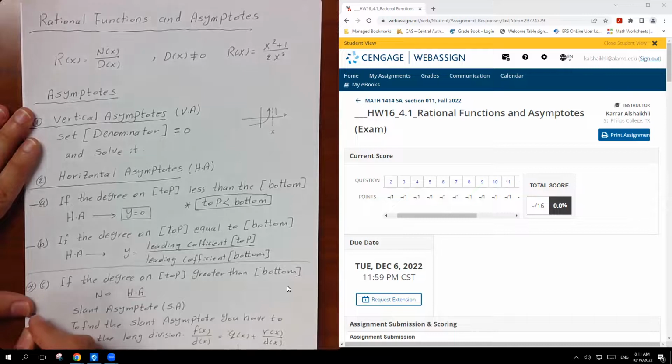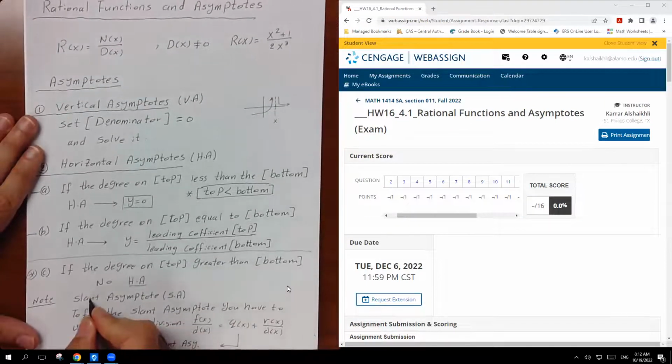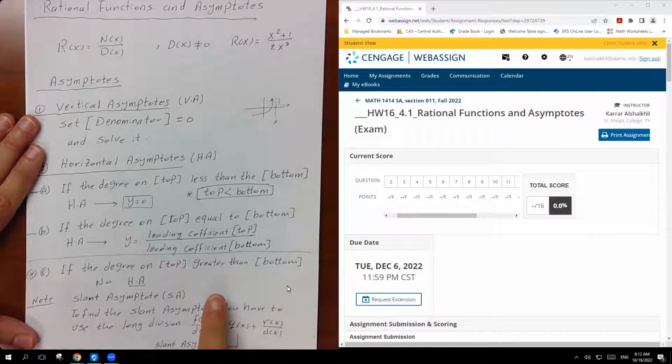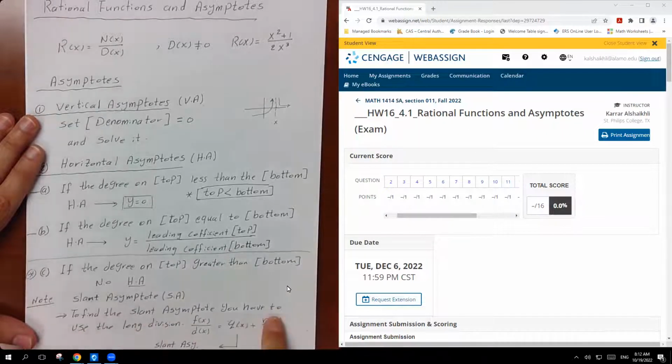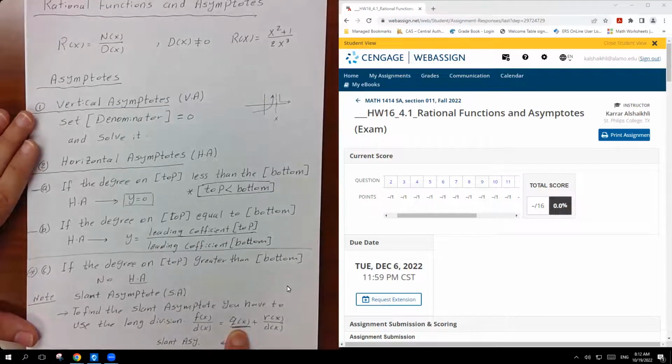Here, we're going to get another asymptote called the slant asymptote. If the degree on the top is greater than the degree on the bottom, you're going to get a slant asymptote. How to find the slant asymptote? You just use long division, and the quotient, which is the result of this long division, is going to be the slant asymptote.